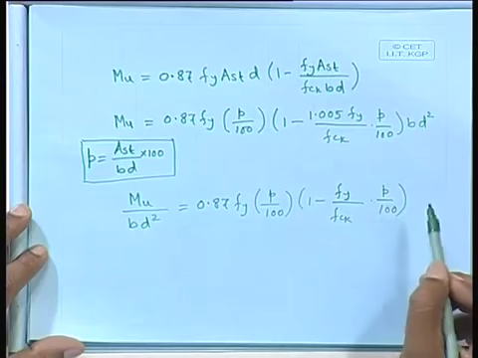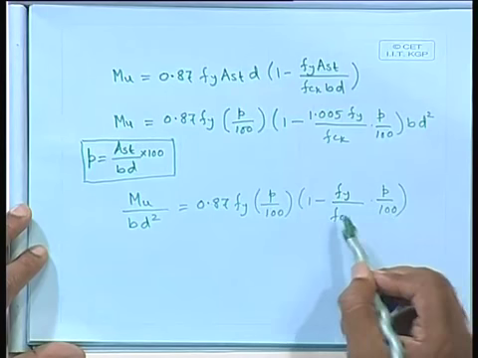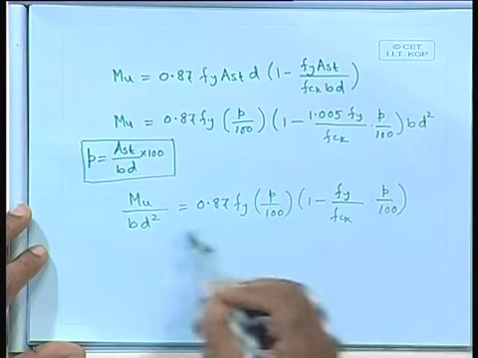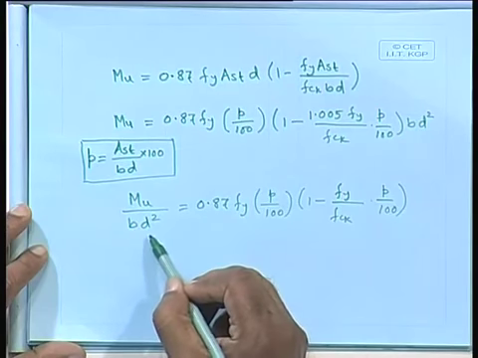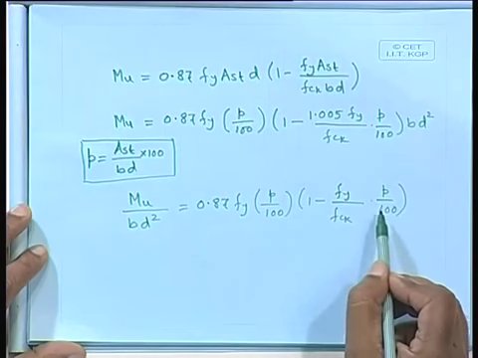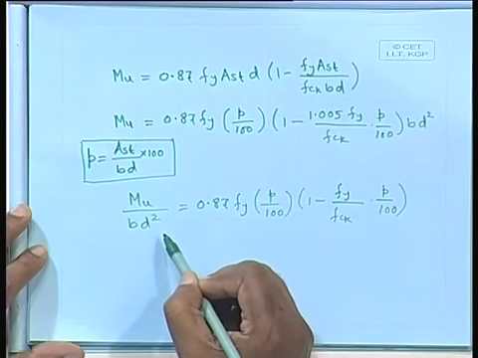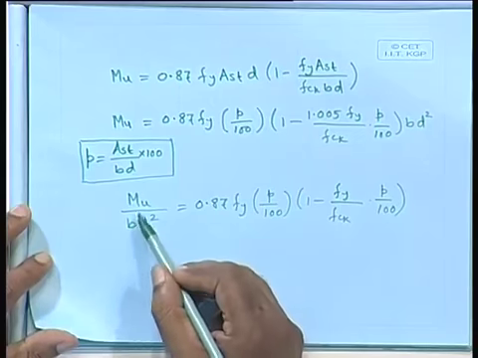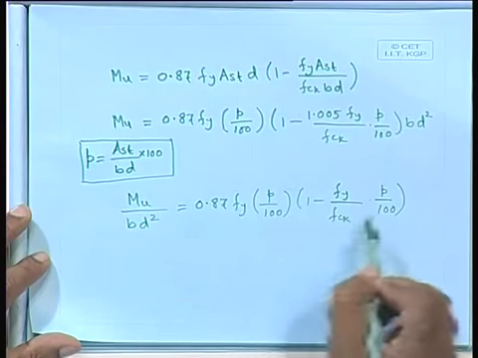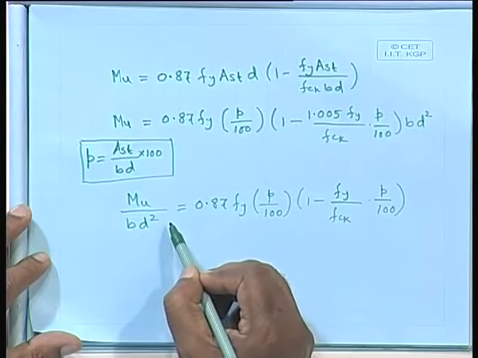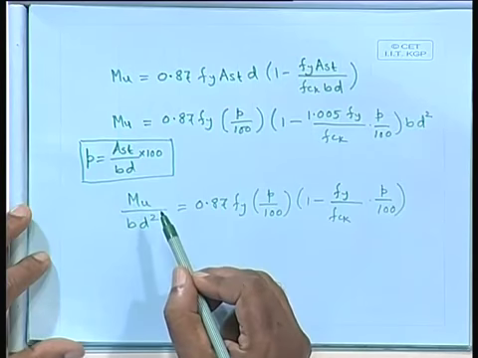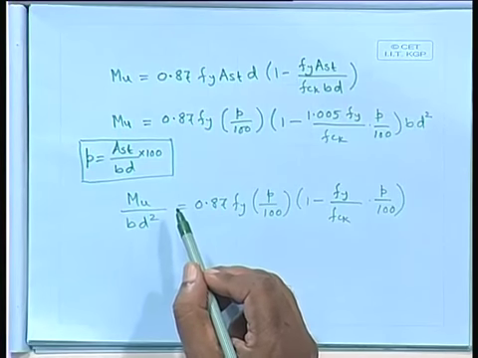That means one can plot it also for different P. So, we can get Mu by Bd square for different percentages of steel, and we can plot it. And from here, if we know this value, then multiplying by Bd square, we can get the corresponding moment of resistance.